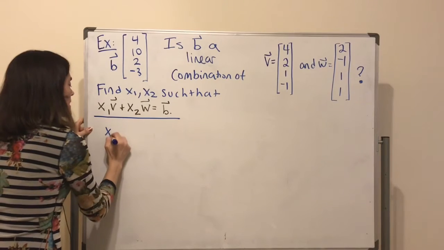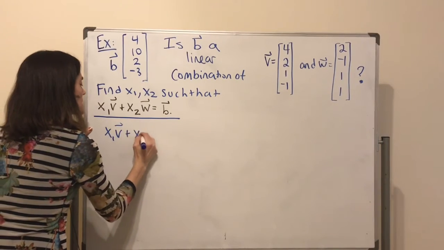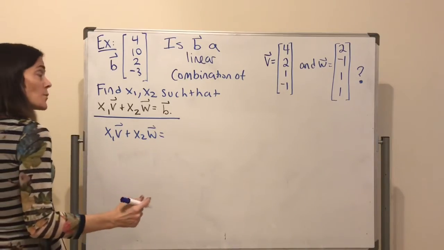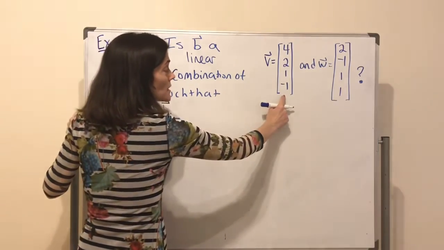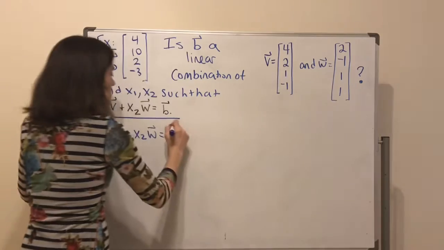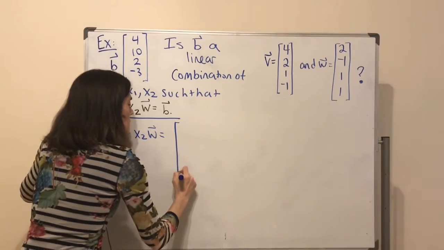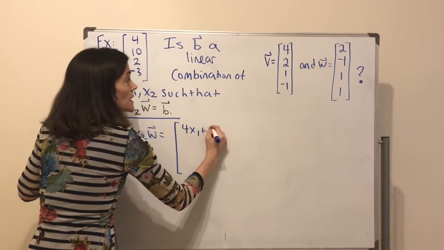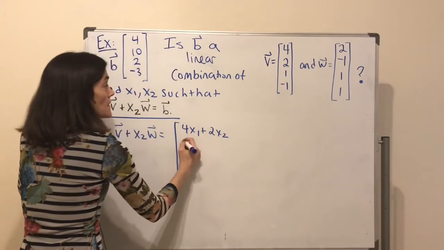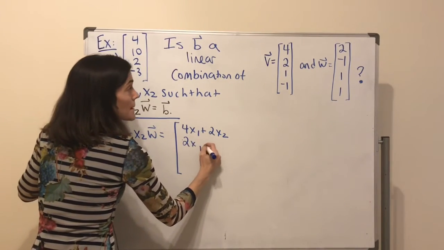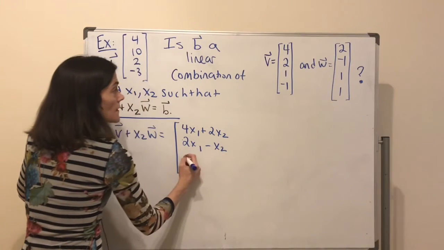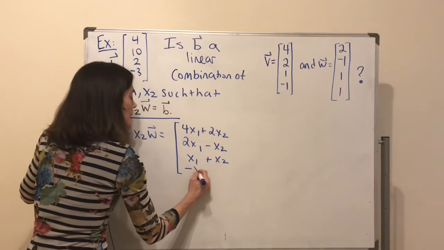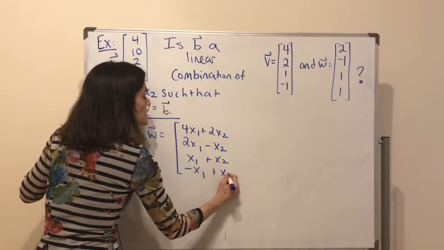Okay, so now x1v plus x2w. This is just the sum, so we take x1 times this vector plus x2 times this vector. This will be a vector, and what is it? It's 4x1 plus 2x2, 2x1 minus x2, x1 plus x2, and finally minus x1 plus x2.